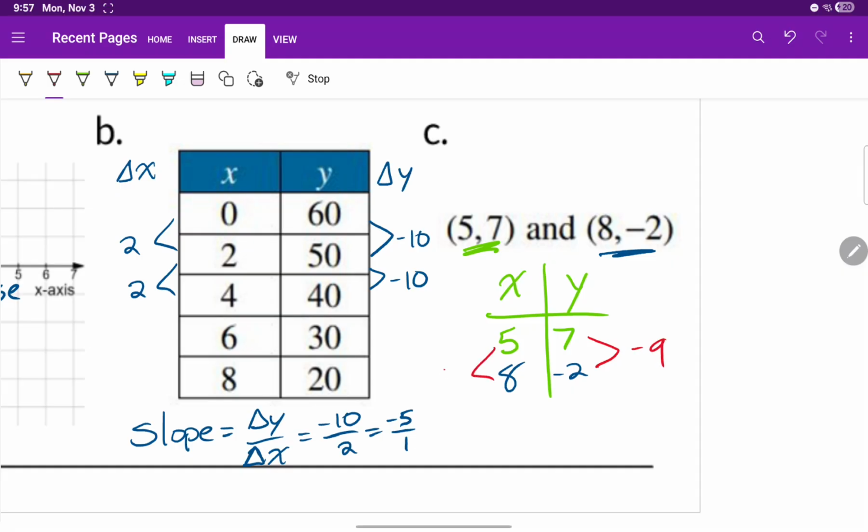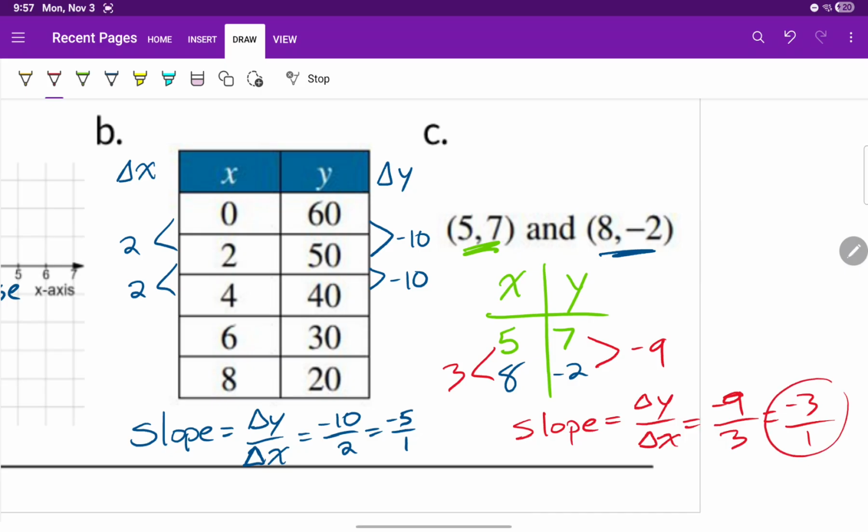What is this changing by? That's +3. My slope is equal to my change in y over change in x, which is equal to -9 over 3 or -3 over 1. Okay, we're reducing that fraction.